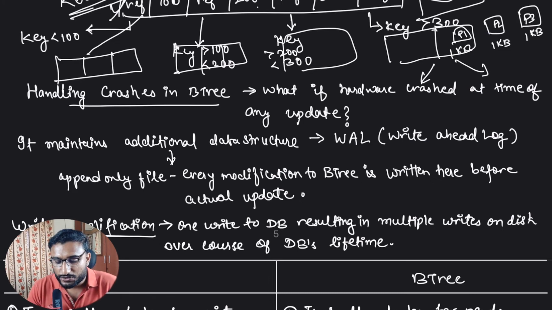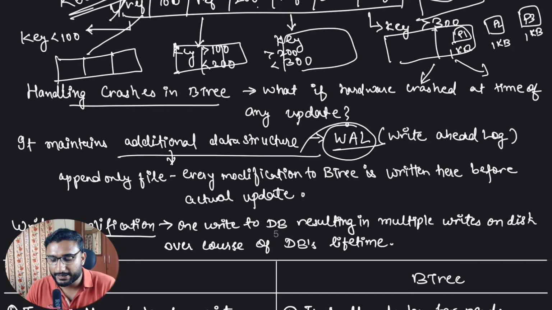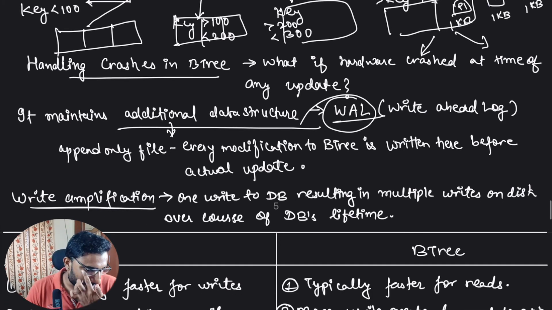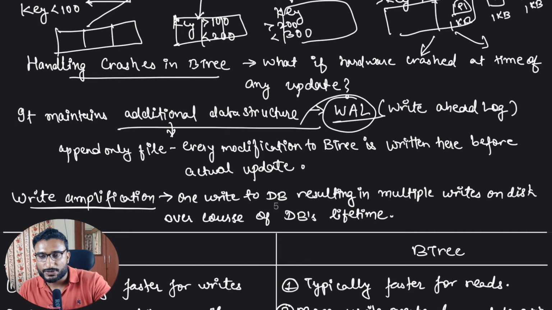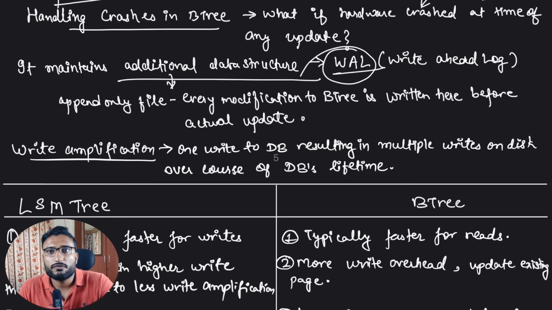You will maintain an additional data structure called the write ahead log, WAL, and it will help you recover the data which is lost, so that you can construct the B tree again from the data. This is again an append only file which keeps the log of what updates are happening in the B tree. So whenever a new update comes to the B tree, first it's written to the WAL, write ahead log, and then it is actually updated in the B tree. समझे बात?